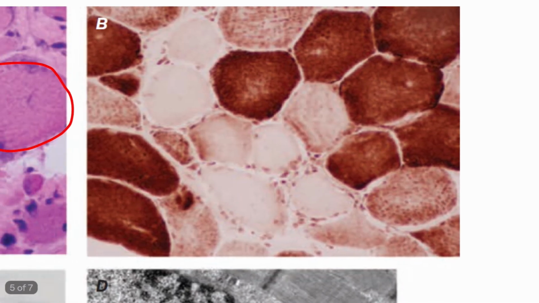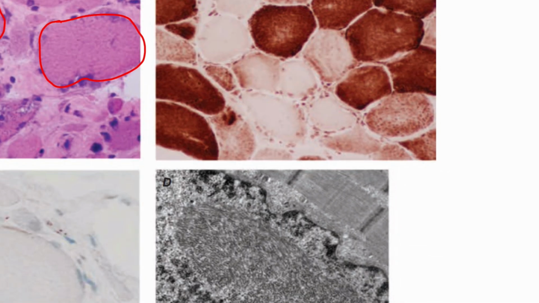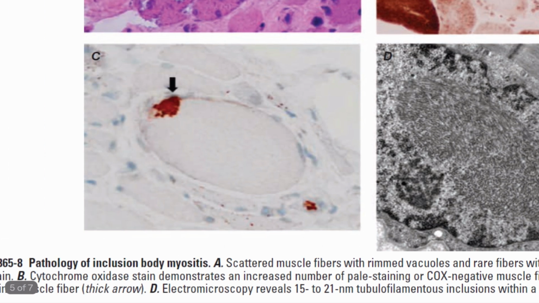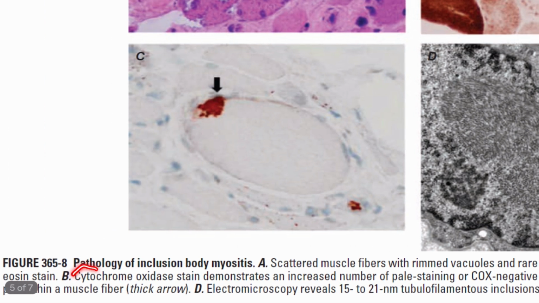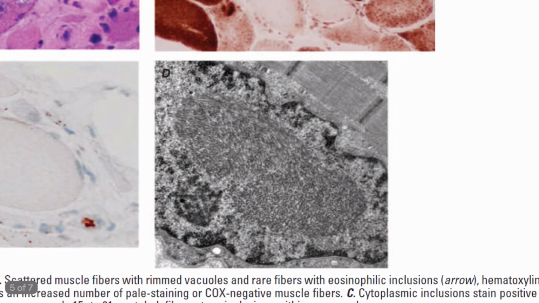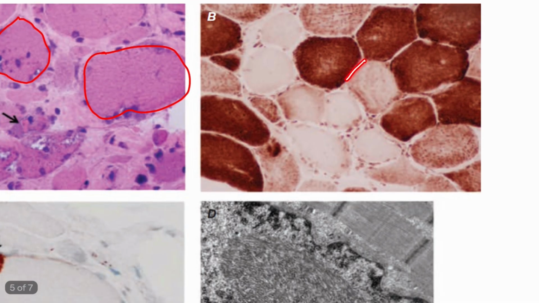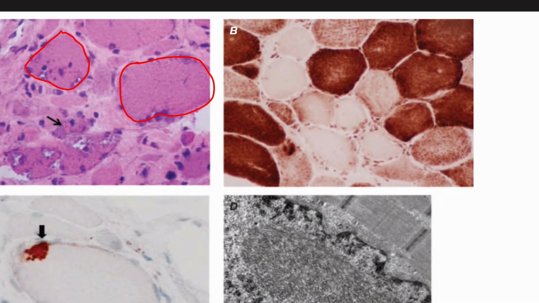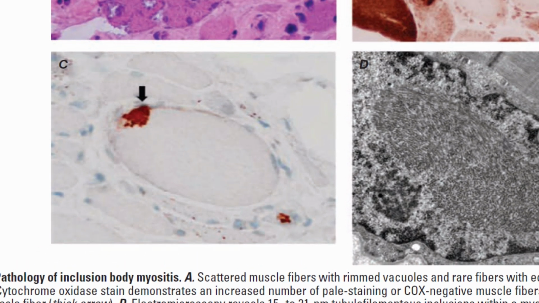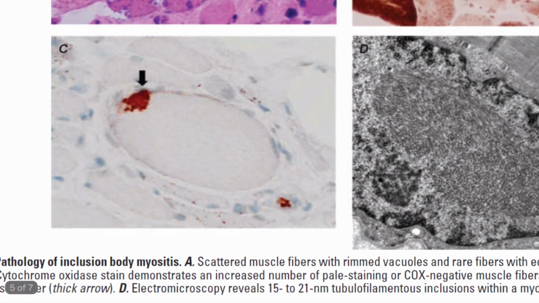This is a particular stain of the muscle fibers. Which kind of stain is it? It is cytochrome oxidase stain. It shows COX negative muscle fibers. These are the pale muscle fibers, they are COX negative. This is the inclusion body. Which stain is it? Let me see.